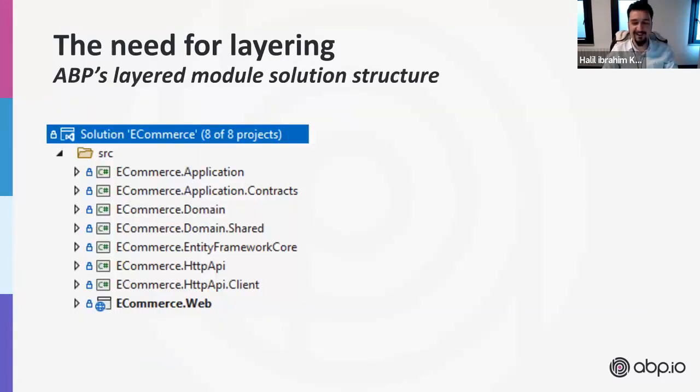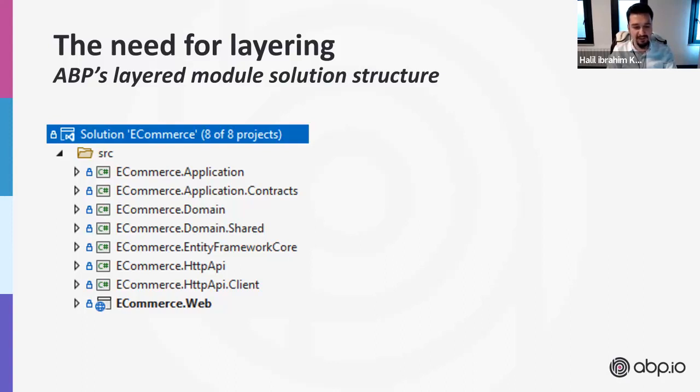There is more actually. We may go step by step, but I don't want to take more of your time. ABP offers a module development model. Actually, it can be considered an application development model that offers some layering.